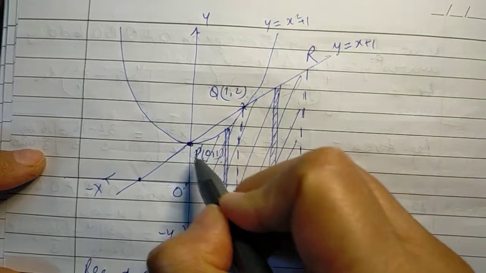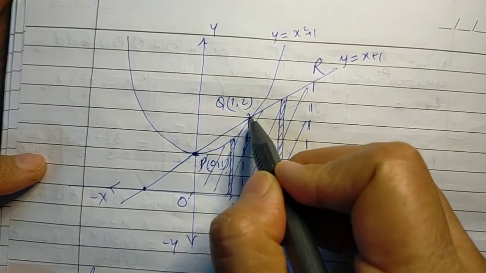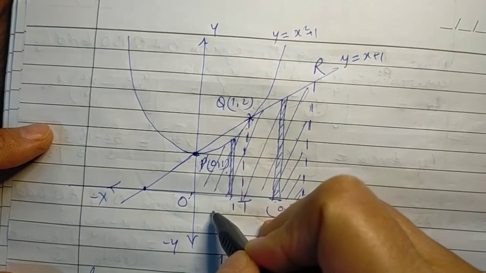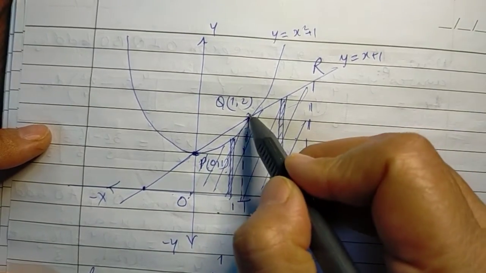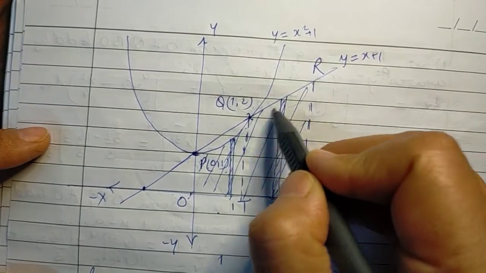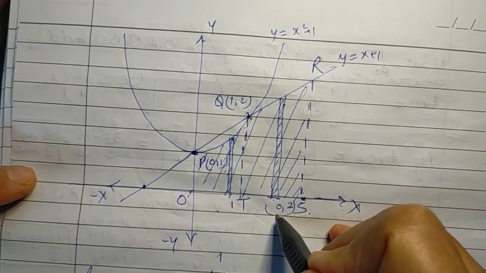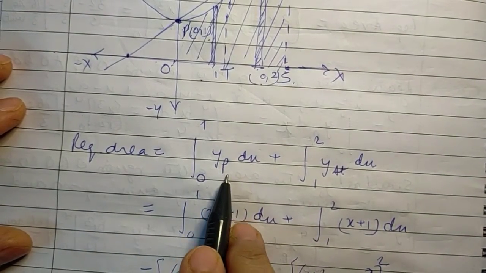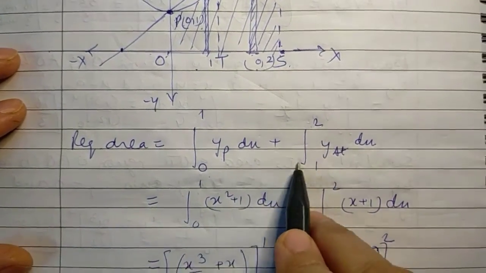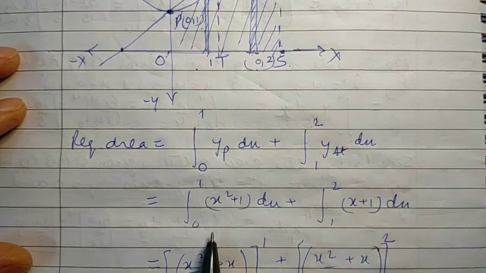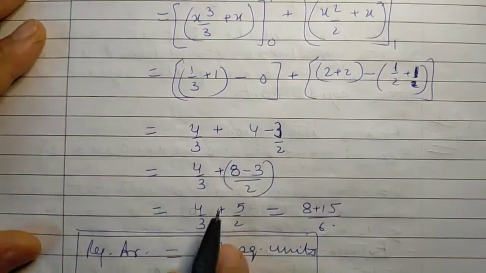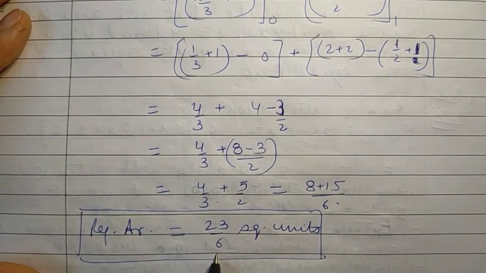Now we can clearly see that from this point P to Q, the area is between the parabola and the x-axis, whereas from Q to R, the area is between the straight line and the x-axis. And so the required area is the integral from 0 to 1 of y on the parabola dx plus from 1 to 2 of y on the straight line. Substituting the equations and solving, we get the required area as 23 by 6 square units.